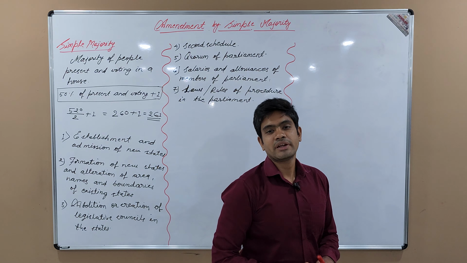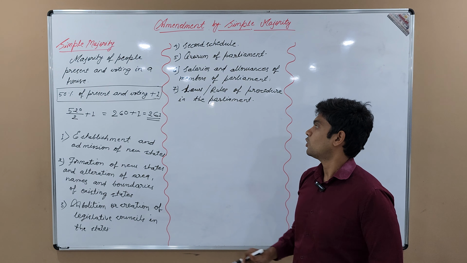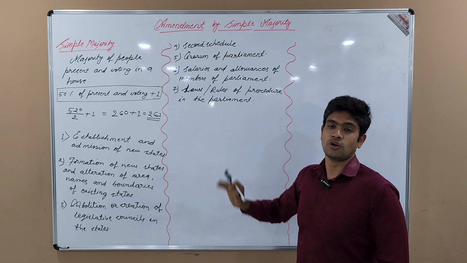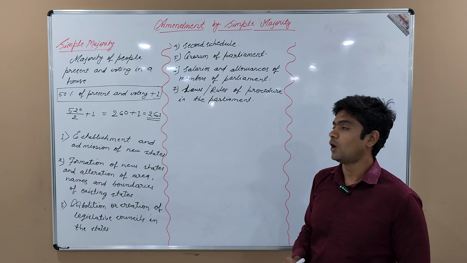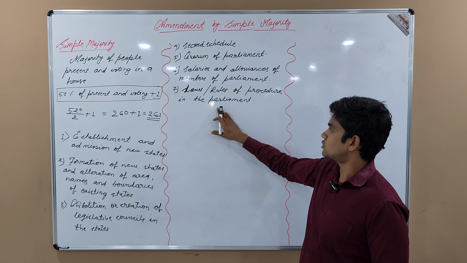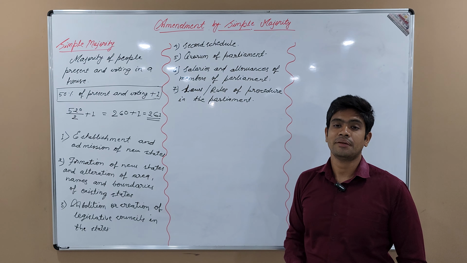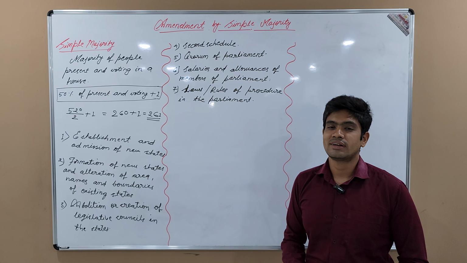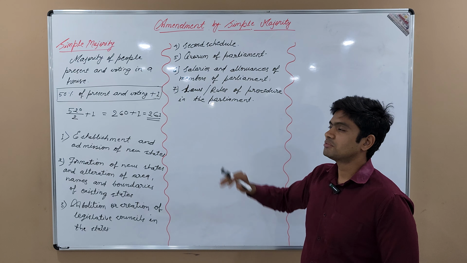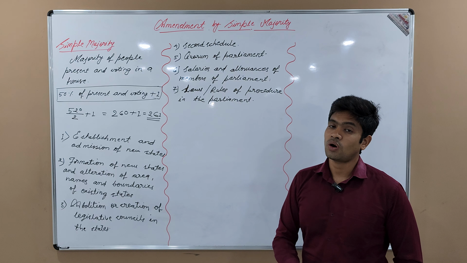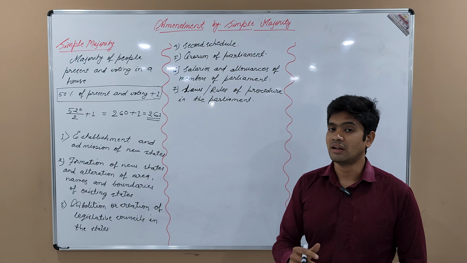In each house, certain rules have to be observed at all cost for the successful conduct of business in that house. These rules of procedure can be changed with simple majority in each house. So the members of the parliament have unlimited authority as far as the functioning of parliament is concerned.